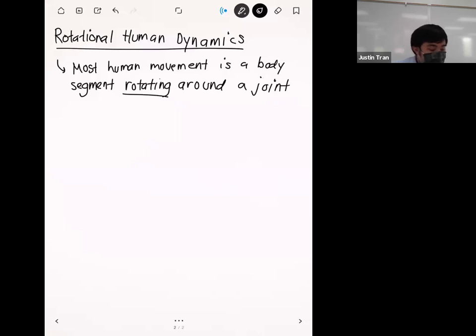Last Wednesday, we introduced the idea of what an angle is, how it is measured on the body, and we talked about angular velocity and angular acceleration. I want to pick it up right from there.